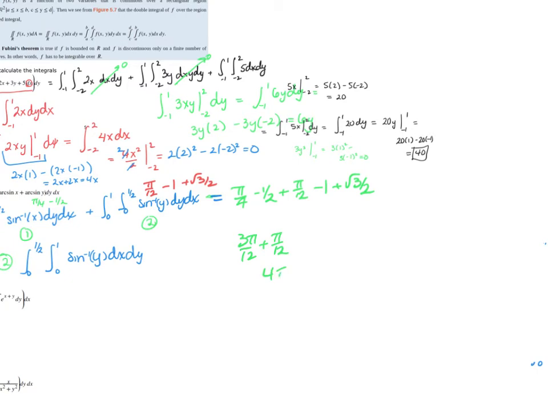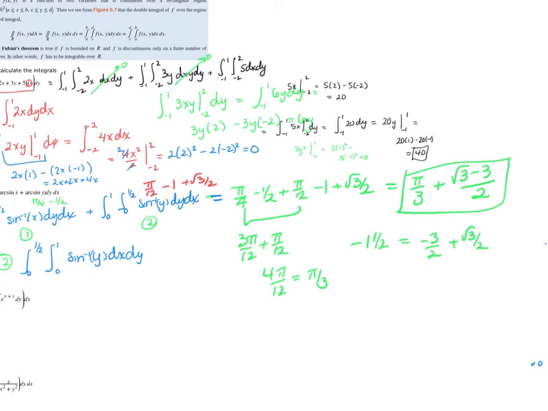This gives me 4 pi/12, which gives me pi/3. So these two are going to give me pi/3. And then I have negative 1/2, which is the same thing as negative 3/2 plus the square root of 3 over 2. So this becomes plus the square root of 3 minus 3, all over 2. And that is my final, yet delicious, scrumptious even, answer. Whew.